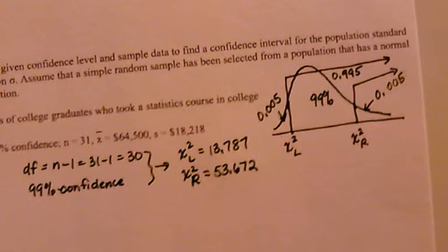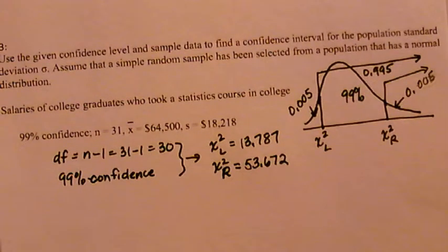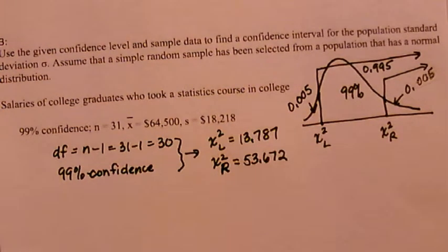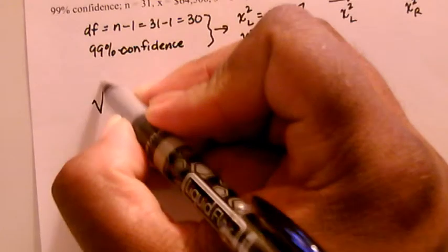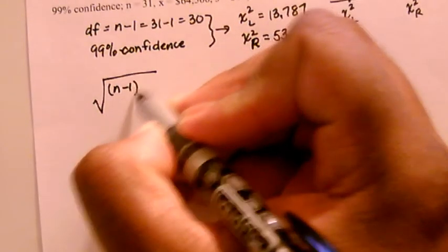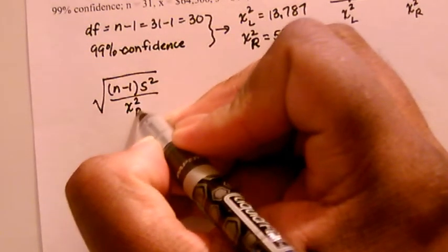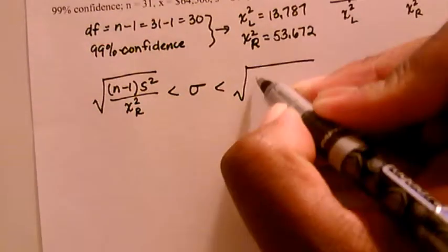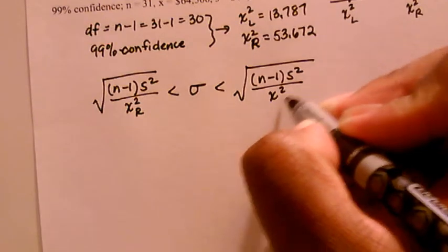Okay, so now we got our chi-square critical values on the left and the right, and we know the sample standard deviation, that's $18,218. We can construct our confidence interval estimate, which would be the square root of n minus 1 times s squared, all that over the chi-square value on the right, that's less than sigma and less than the square root of n minus 1 times s squared divided by the chi-square value on the left.